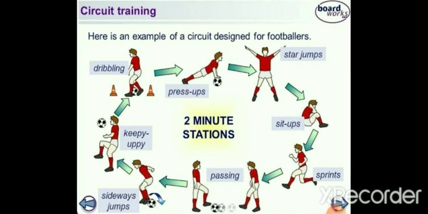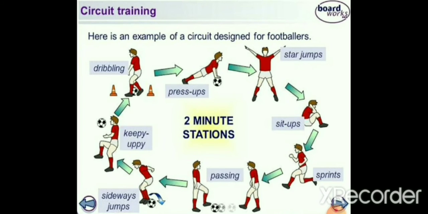In the same way, we can also design circuit training sport-specific. Here in this slide, I want to show you an example for footballers. Suppose we have 6 to 8 subjects and we want to train each subject.